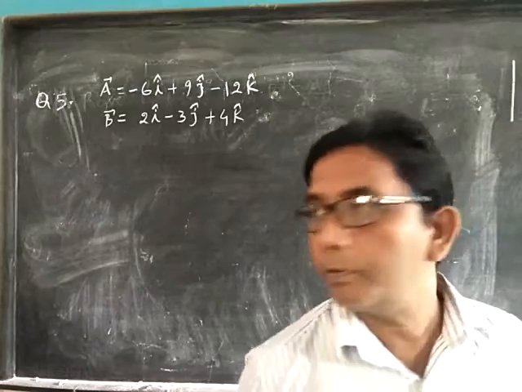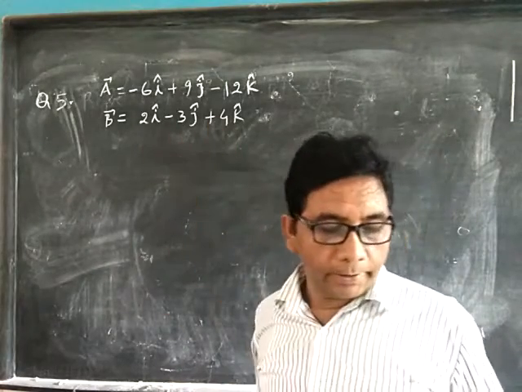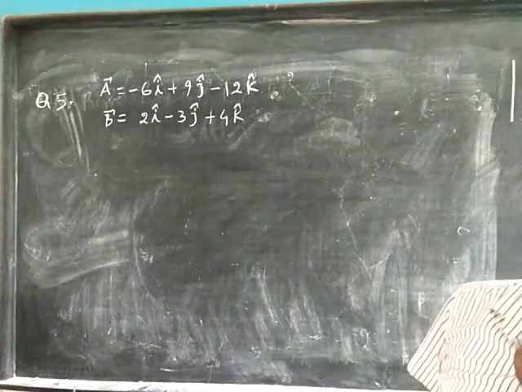We have to prove vector A and vector B are parallel to each other.